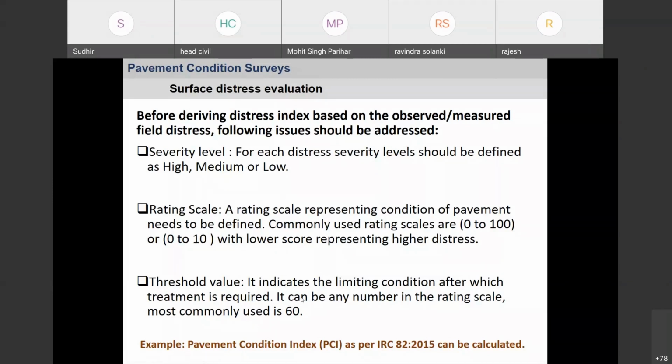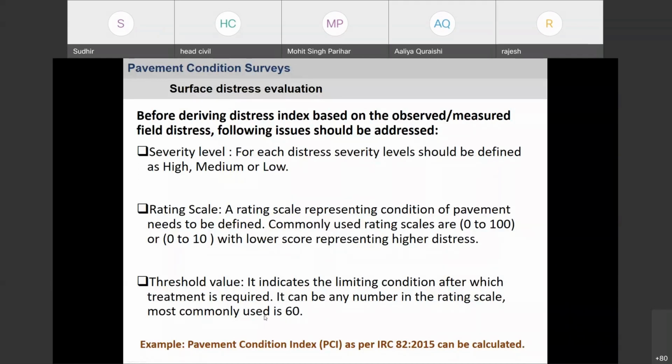The typical number used is 60 if the rating scale goes from 0 to 100. That means that if the distress index has reached a threshold value of 60, then the transportation agency would like to intervene to provide some treatment.